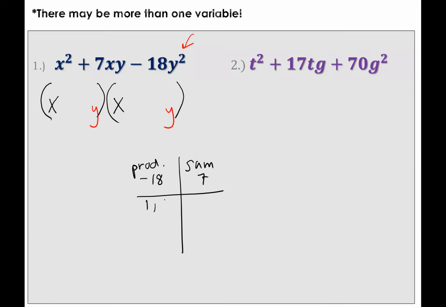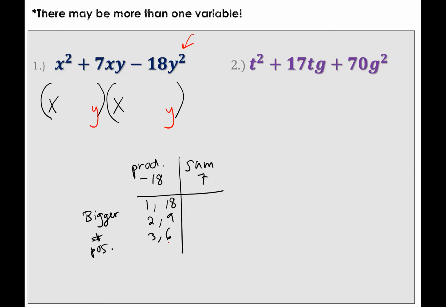Okay, so 1 and 18, 2 and 9, 3 and 6, 4 doesn't work, 5 doesn't work, here's 6. Okay, so here are my combinations that will work. For my sum to be positive 7, again, we saw this earlier, I need my bigger number to be positive when I'm taking my products here, because in order for my products to be negative, the signs need to be opposite from each other, one positive, one negative.